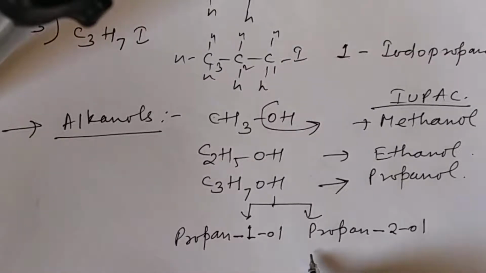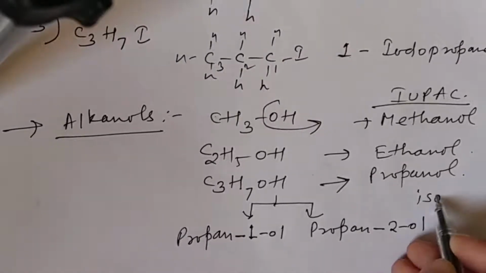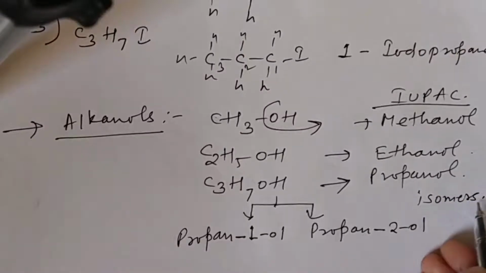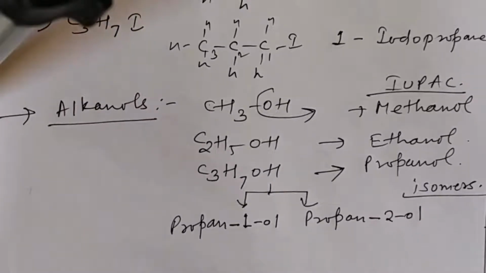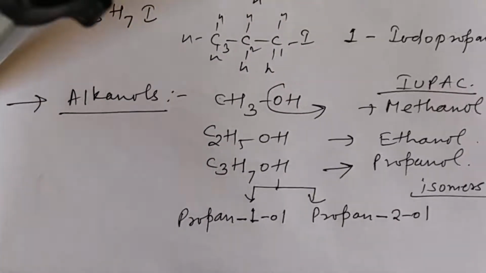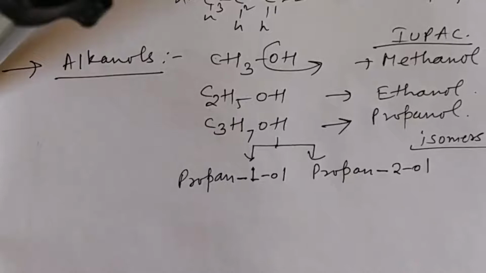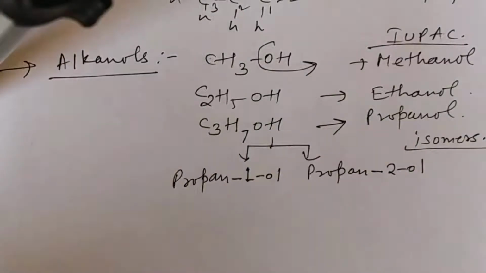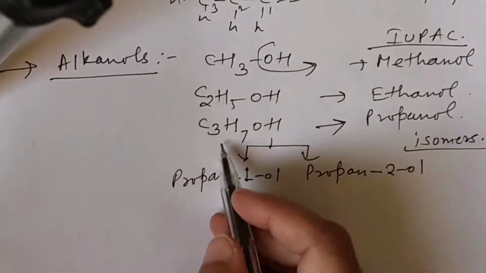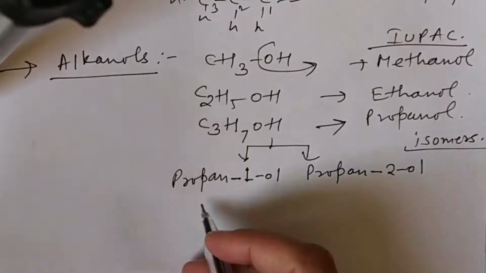These are called isomers, position isomers. What are they called? Position isomers. It should be known to you, students, what isomerism is and what isomers are. Isomers are compounds having the same molecular formula C3H7OH but different structural formulas.